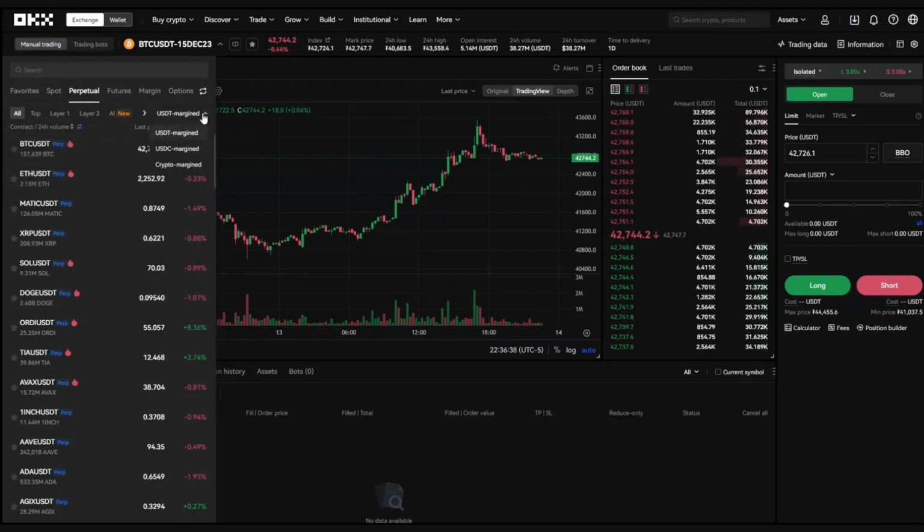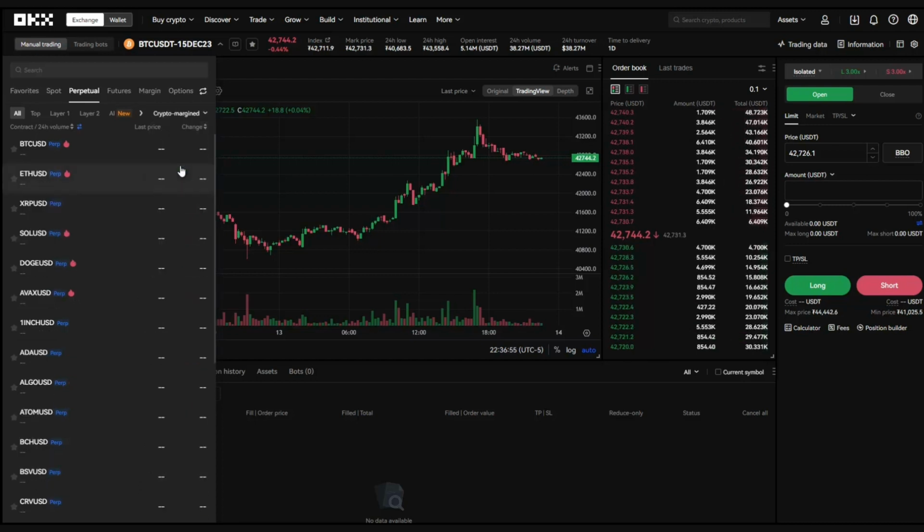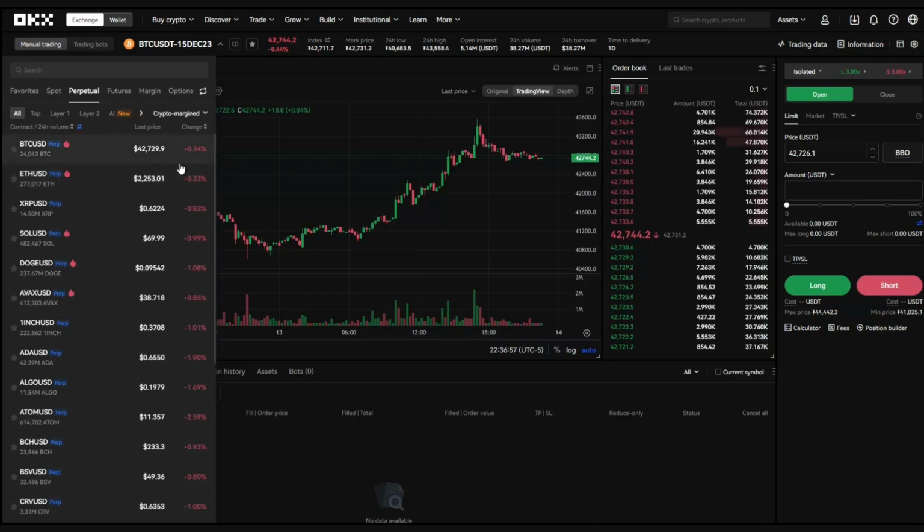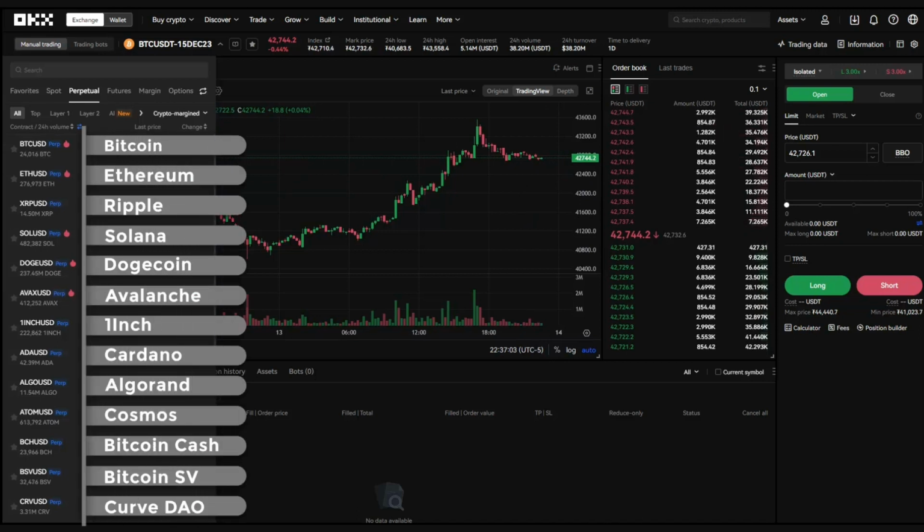And here, you choose which currency you want to use as collateral when opening a trade. You can choose USDT, USDC, or cryptocurrencies. For example, if you choose with cryptocurrencies, OKX shows you which contracts are available. To trade these contracts, you must use some of these cryptocurrencies as collateral.